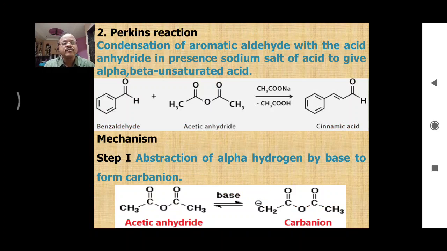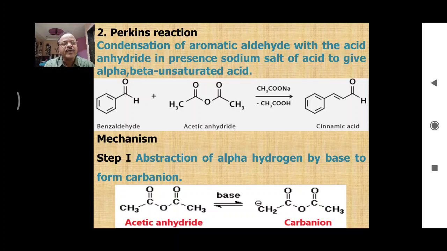Now let's see the second reaction, that is called Perkin reaction. Now what is this Perkin reaction? Again, it is condensation of aromatic aldehyde with the acid anhydride in presence of sodium salt of acid to give alpha beta unsaturated acid. So first of all, it is a condensation reaction.